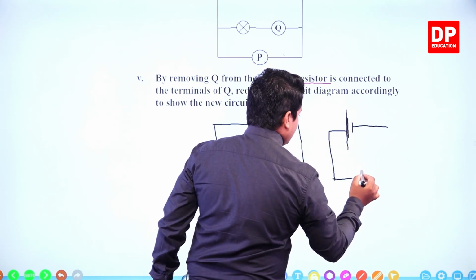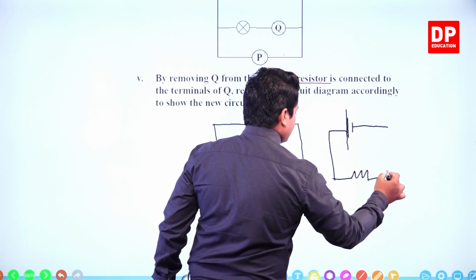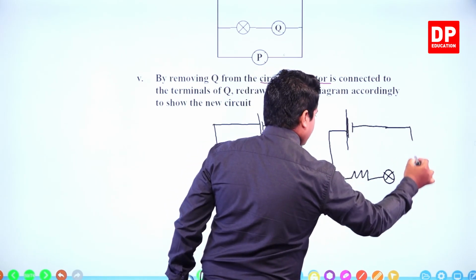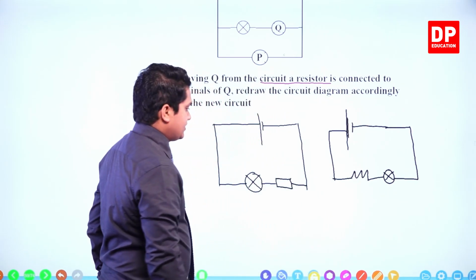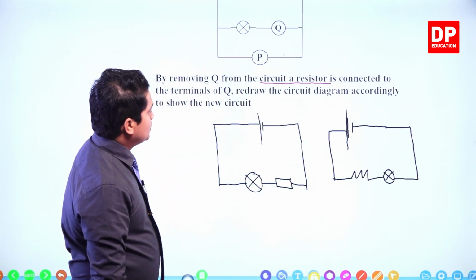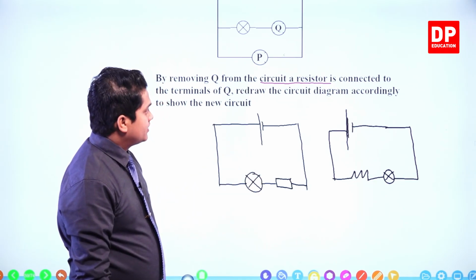You can use this symbol. This is also correct. Like this. Right. So now Q has been removed from the circuit.